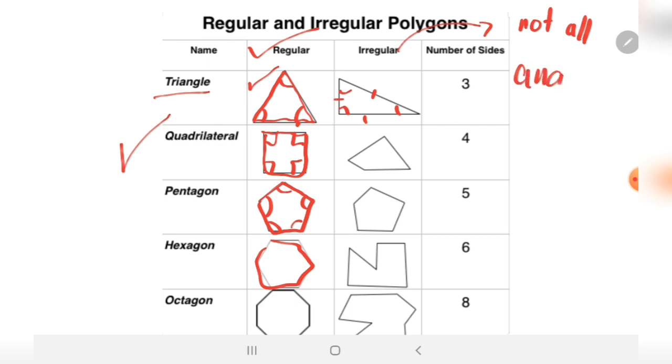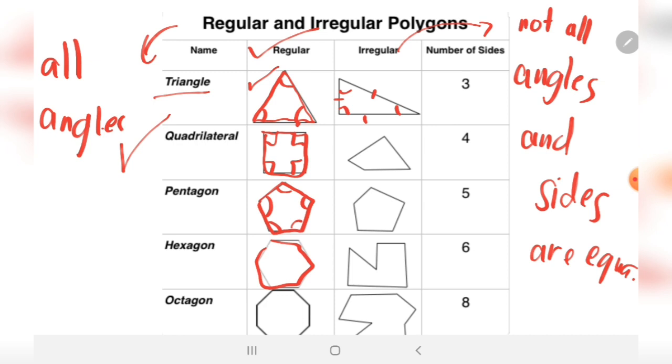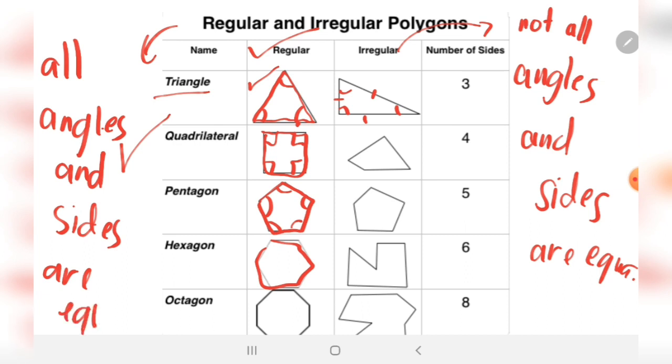In irregular, not all angles and sides are equal. But in the regular, it means that all angles and sides are equal.